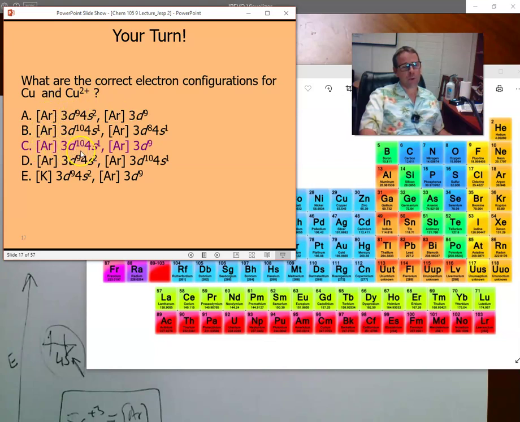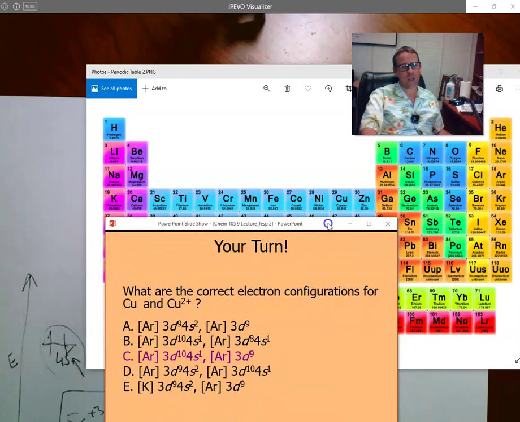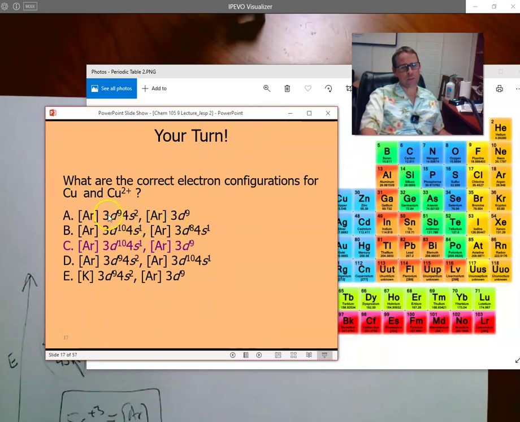Copper, 4s2, 3d9, right? That's the electron configuration. Copper forms a +1 ion where you get 4s1 and 3d10. So what happens here is, let's see, 4s2, 3d9.